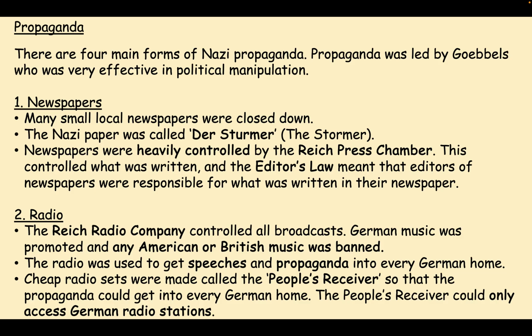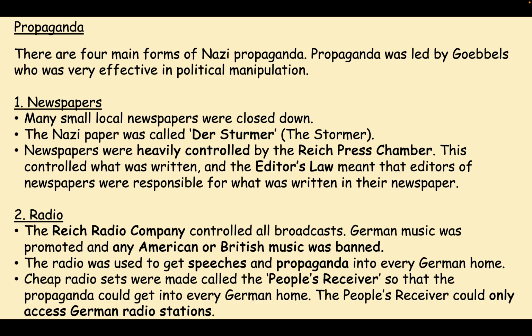So if an editor allows their newspaper to go to print and it has something against the Nazis in it, the editor will be punished. So it really, really forces editors to only print things that are pro-Nazi. You'd be too scared to print anything which is even slightly undermining the Nazis or opposing them.